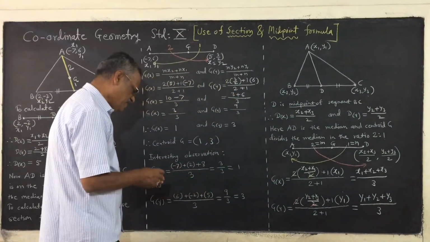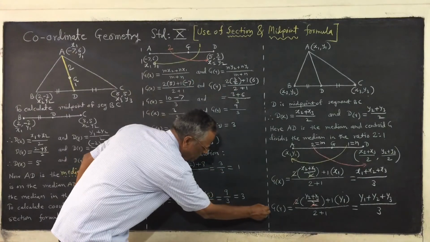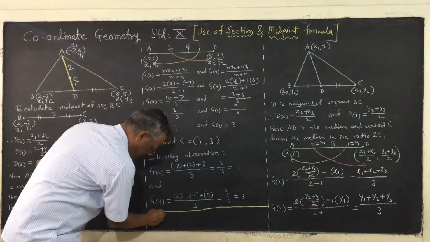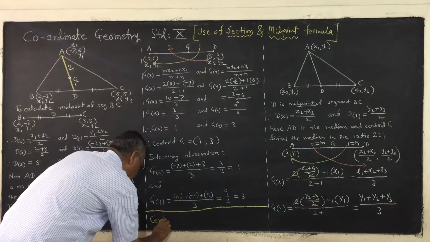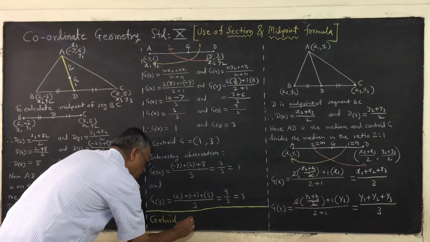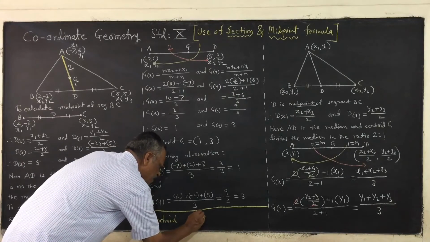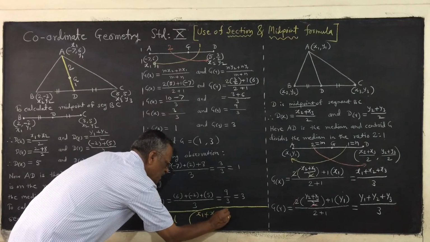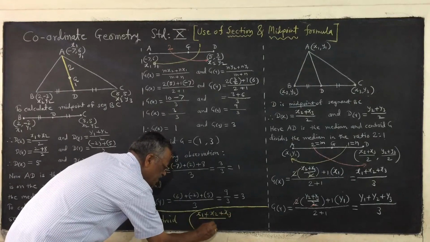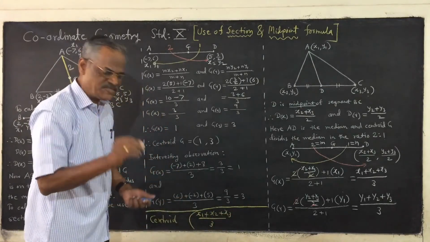What is that simple formula? You can remember the simple formula to calculate the centroid. To calculate the centroid, use this formula: x1 plus x2 plus x3 upon 3. This is your x coordinate.